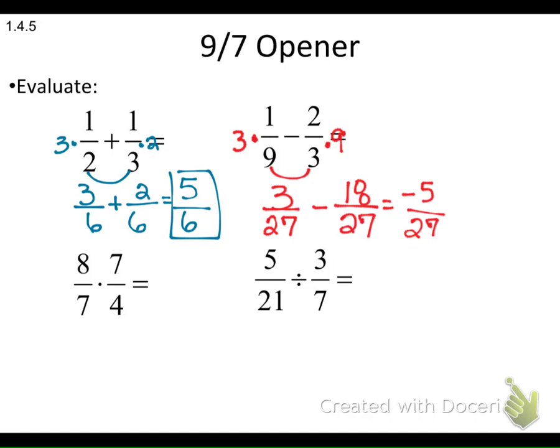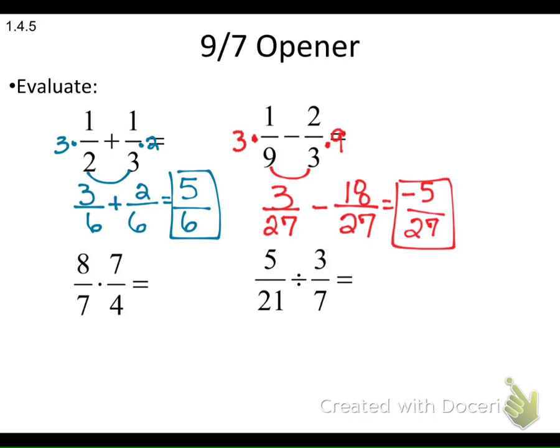Can I reduce negative 5 over 27? Can I divide them by 2? Are they both even numbers? No. Can I divide them both by 3? What about both by 5? No. One other number you might want to check would be 7, but I know 7's not going to work because it's bigger than 5. So that's my final answer.